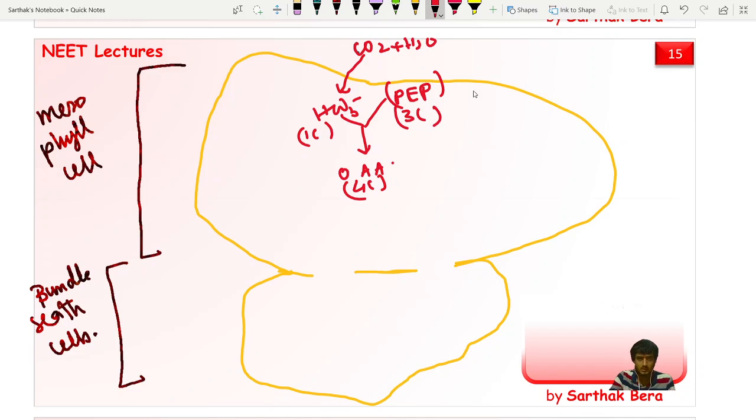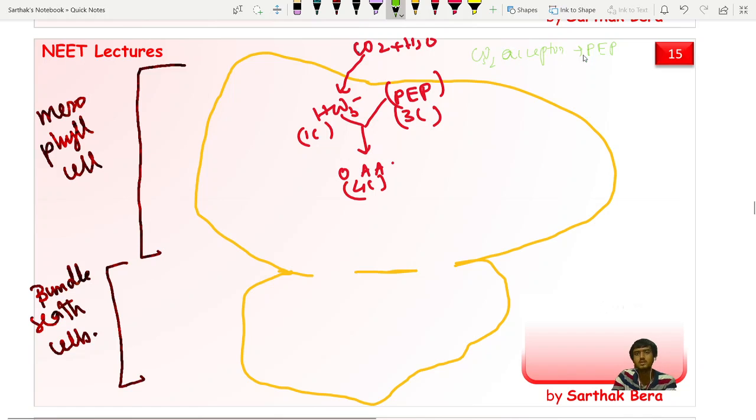So the electron acceptor here is PEP or phosphoenol pyruvate. Sorry, not electron acceptor. This is the CO2 acceptor.